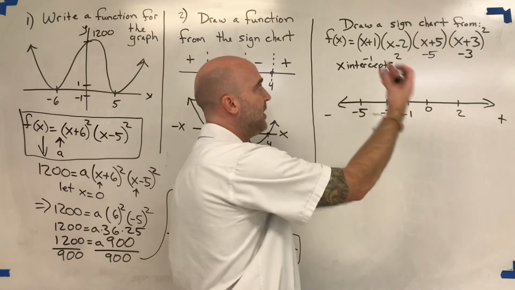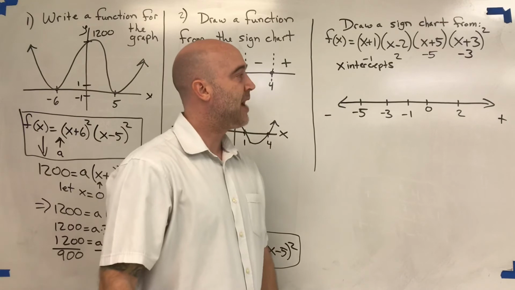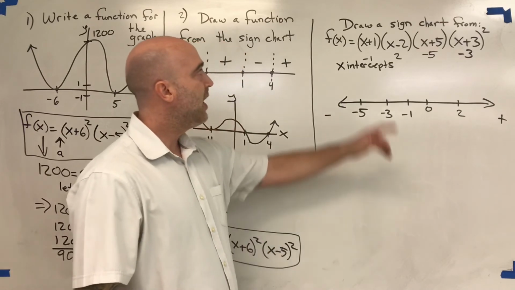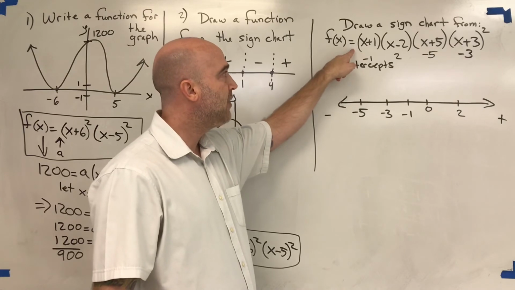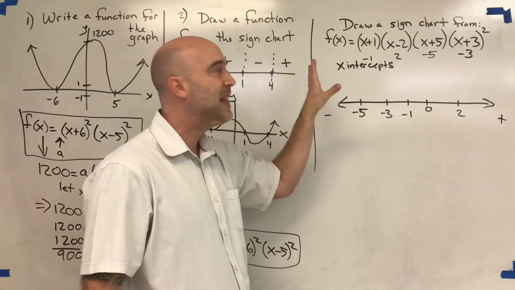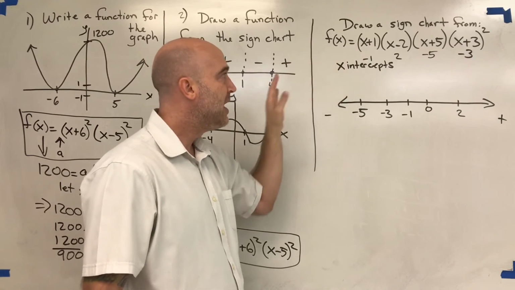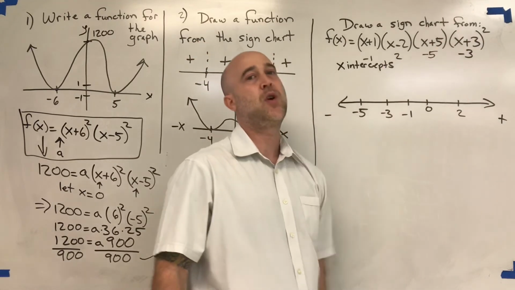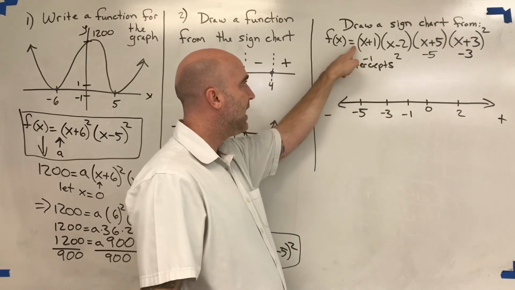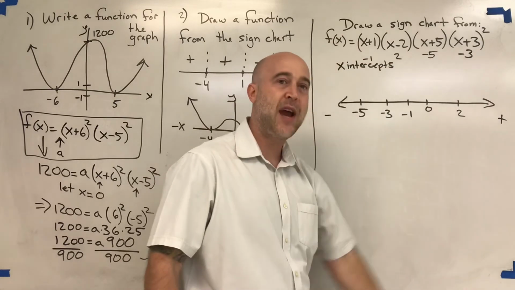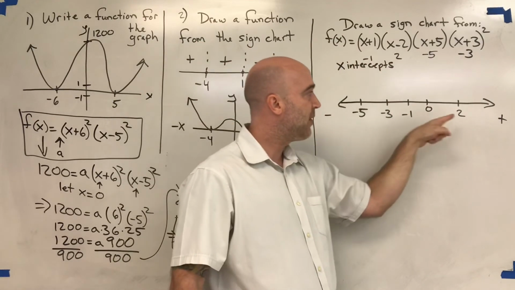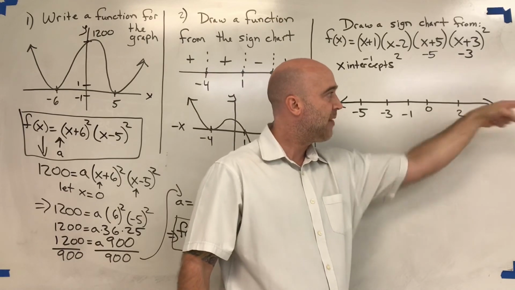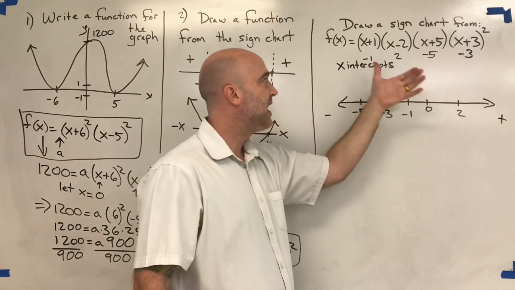And let's go ahead and fill out the sign chart. Now the trick here is, if there's nothing negative in front, then as x goes to infinity, it's going to keep growing, growing, growing. If there's a negative in front, then it's going to shoot down into negative infinity. So the key is, as x goes on forever, that's going that way, this keeps growing.